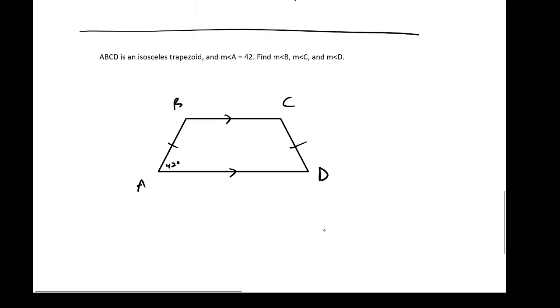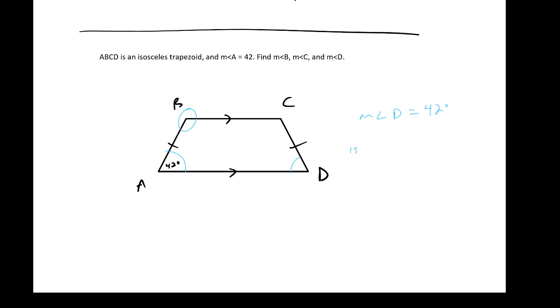I think the easiest one to figure out, looking at the diagram, is that these have to be congruent. So the measure of angle D is going to be 42 degrees. That should be straightforward. Now, think about what we have here. I have parallels cut by a transversal, meaning that angle B right there is going to be a supplement to angle A, because AB is the transversal.